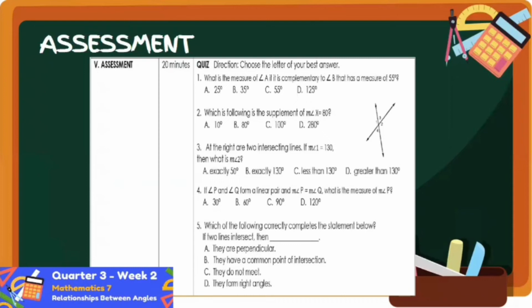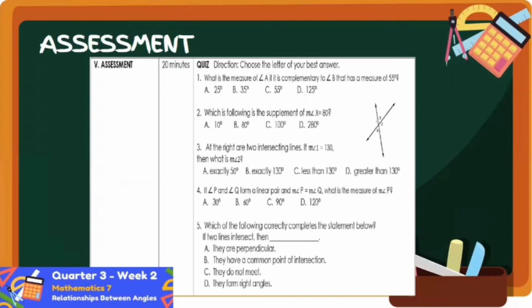Number 2. Which of the following is the supplement of angle X, which is 80 degrees? A, 10 degrees, B, 80 degrees, C, 100 degrees, or D, 280 degrees. Number 3.